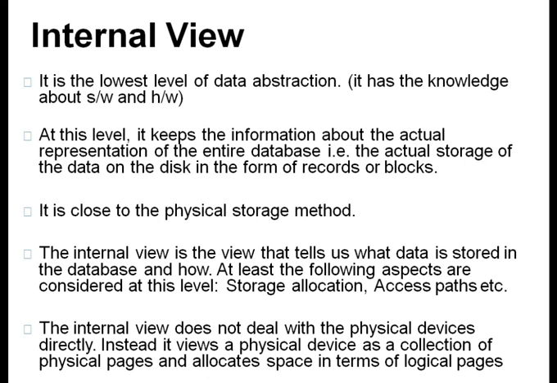It is close to the physical storage method. The internal view tells us what data is stored in the database and how. At least the following aspects are considered: storage allocation and access paths are visible at the physical or internal level.